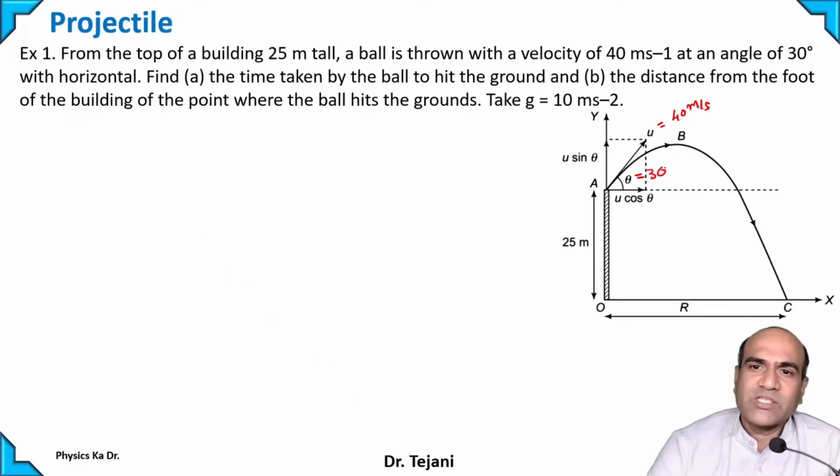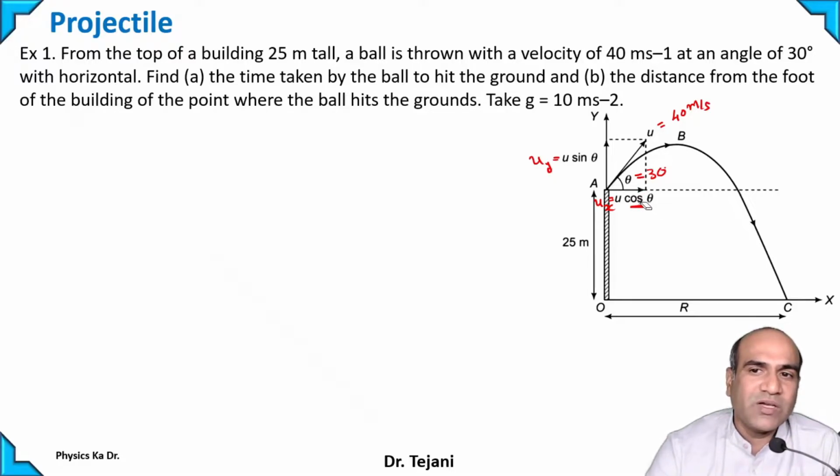So it possesses two velocity components. One is u cos theta, which we call u x, in the horizontal direction, and u sin theta, which is vertical. Remember, in this manner, if it is theta, for the nearer angle always pick cos theta.